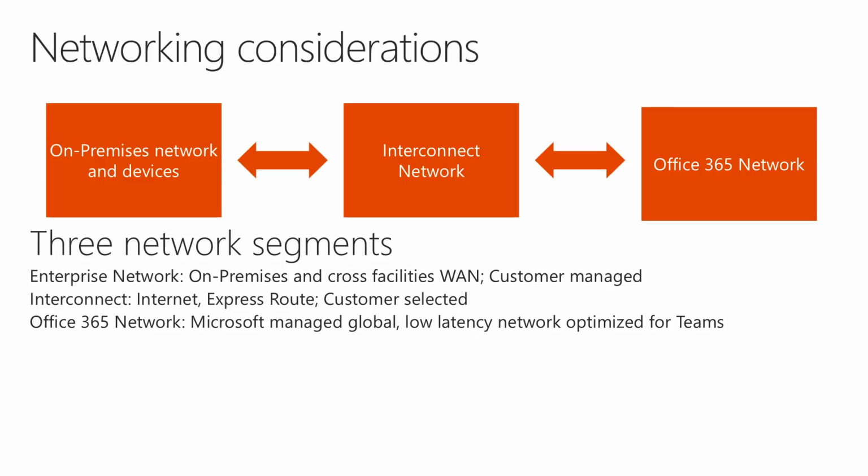You should work with them so that they have as few hops as possible and route you as directly as possible to the Office 365 network. And then we have this Office 365 network, this Microsoft managed global network, low latency, optimized for the use with Microsoft Teams.